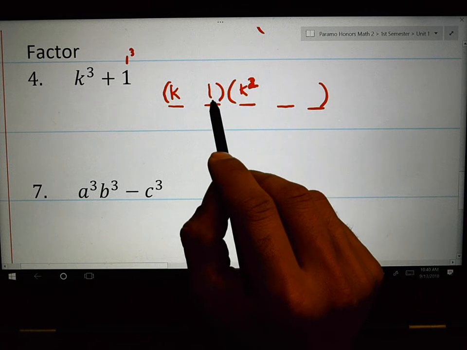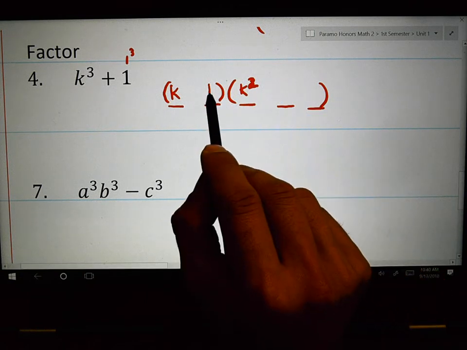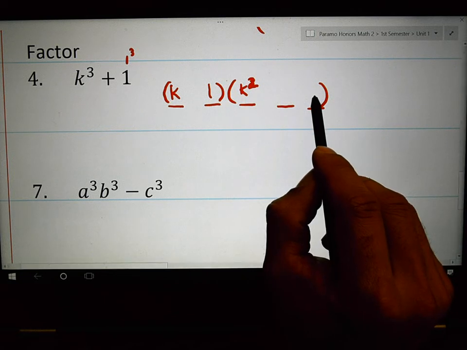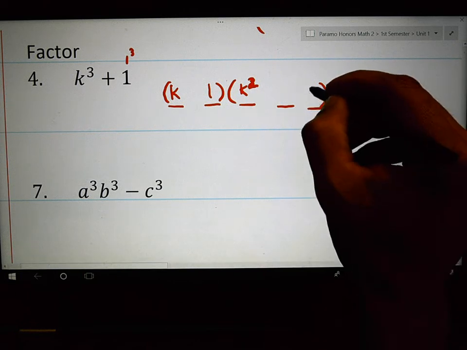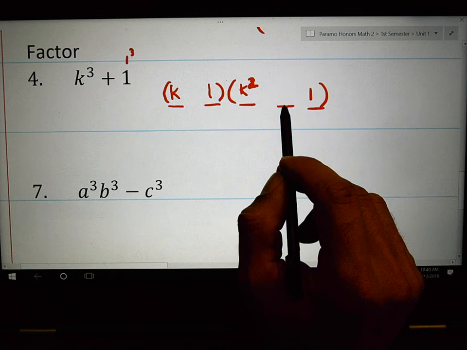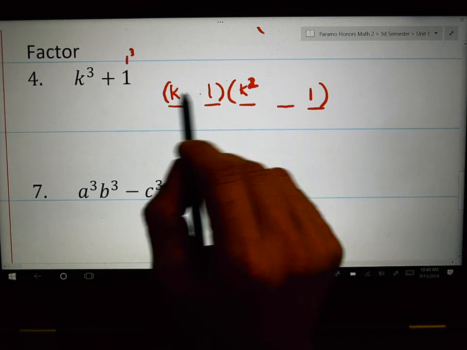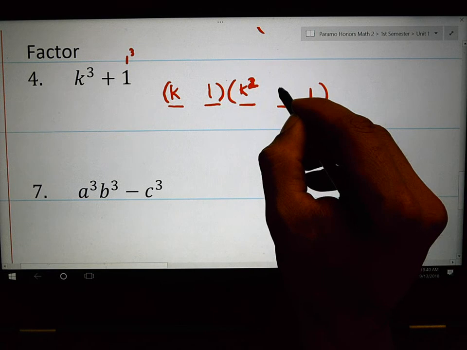What I usually will do next is I go over to this last blank and I will take this one and I will square it and simplify it at the same time. 1 squared is 1. And then to get this blank here in the middle, I just multiply these two things. Simplify it, it's just k.